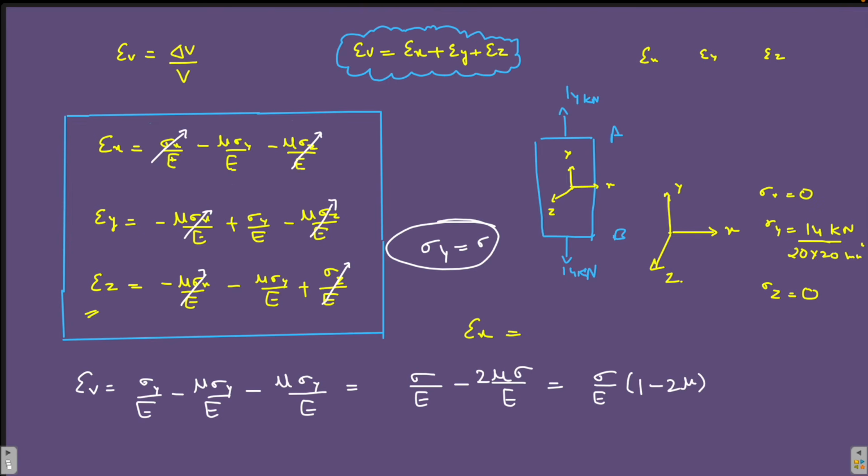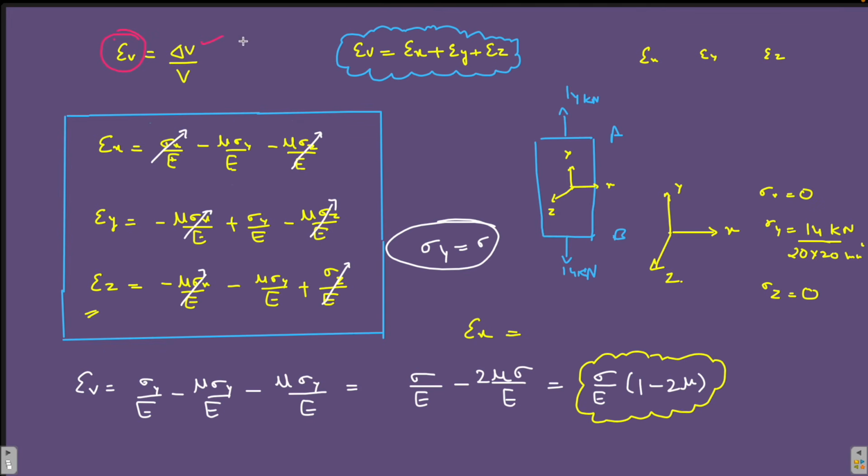So see, we are going to use this formula now. So now you know why this is coming up. Sigma by E into 1 minus 2 mu, right? Let me just repeat it once again quickly. We have to find out the change in the volume of the bar. For finding out the change in the volume of the bar, we are finding out volumetric strain, right?